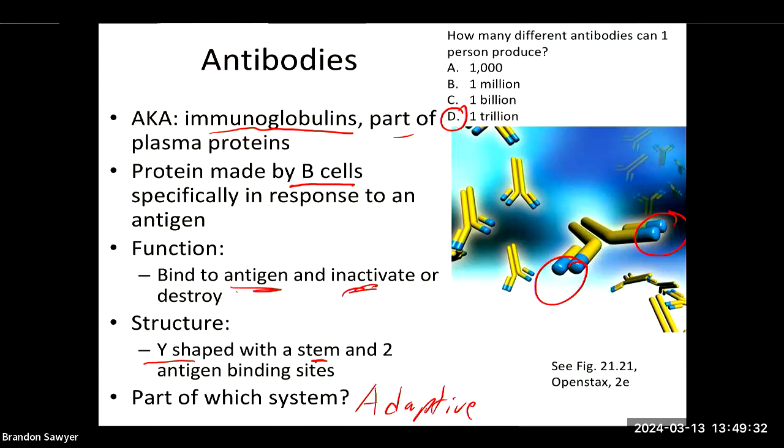One of the problems with our society today is a theory called the hygiene hypothesis, which says that we're probably too clean these days, right? We probably bleach too many things and clean too many things. So throughout childhood, we don't interact with enough of these things anymore, and our immune system doesn't get trained like it used to, when parents used to just let the kids lick the ground and stuff like that.